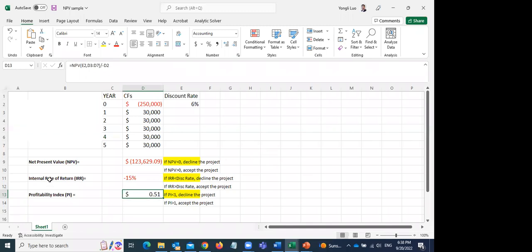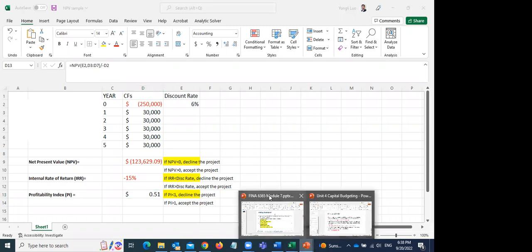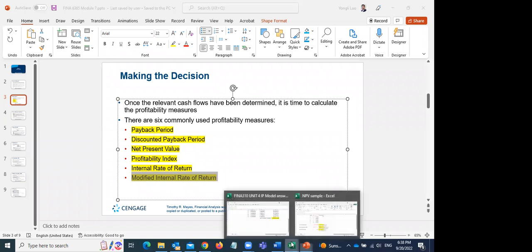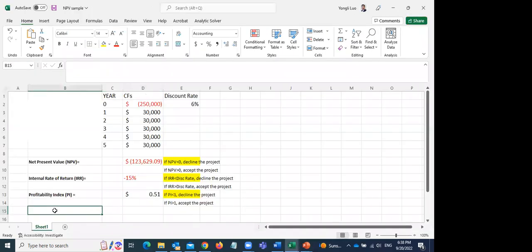So we use internal rate of return, and there is another one called modified internal rate of return.